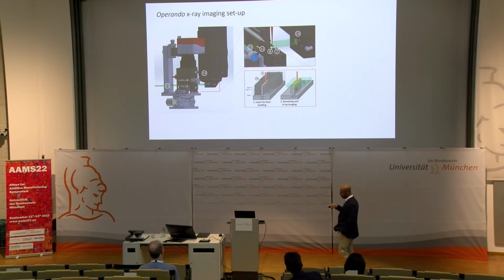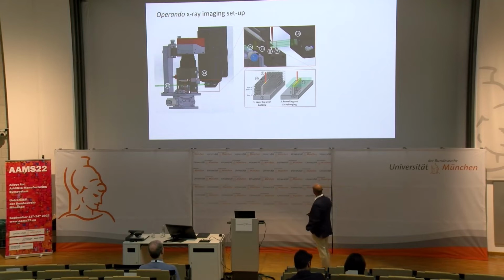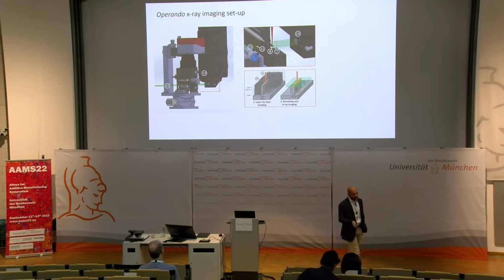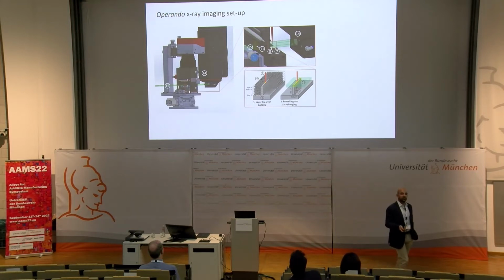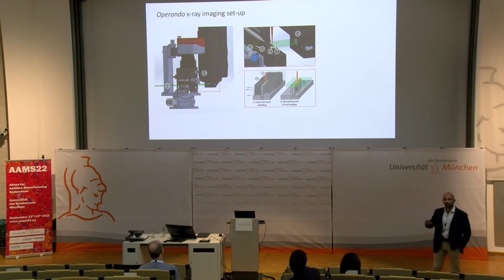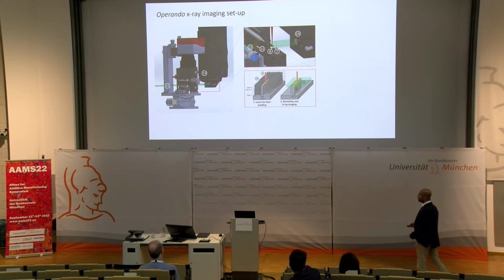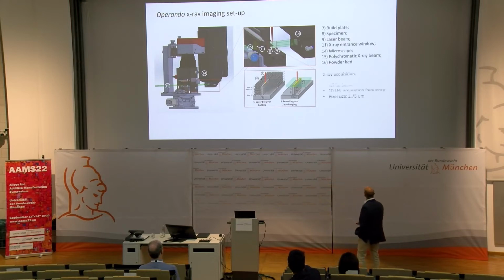Usually there is an angle, but we went to 0 degree to get the highest contrast, to have better visibility on the present interfaces in the laser material interaction zone. Because if you want to see the keyholes, you would also like to see the solid liquid interface and also the gas liquid interface as well.